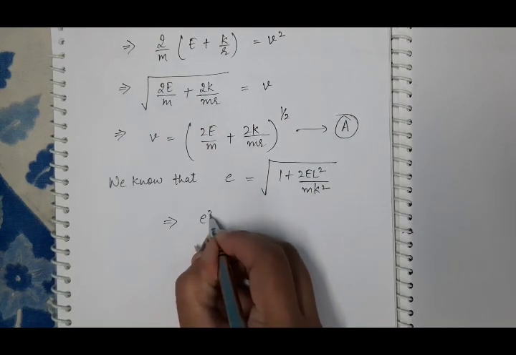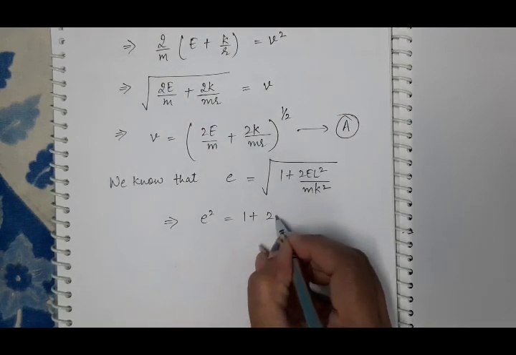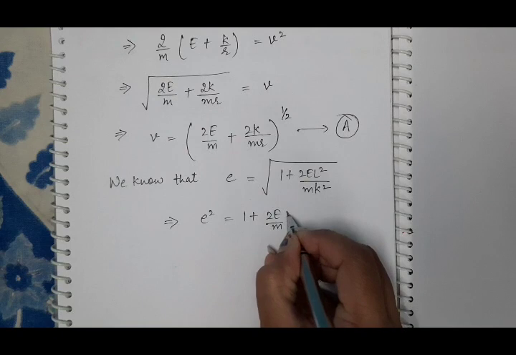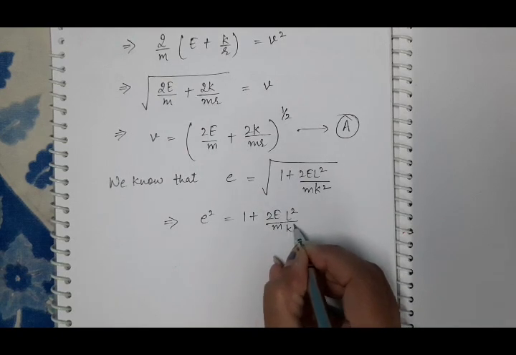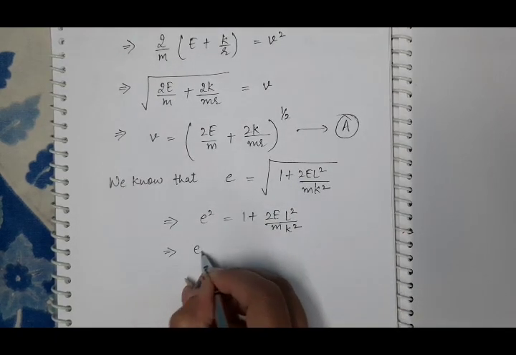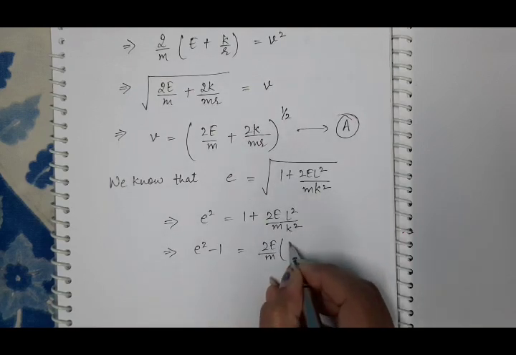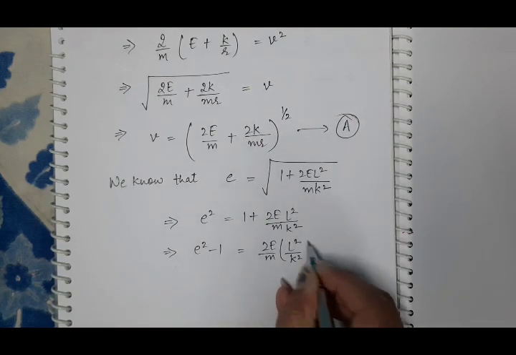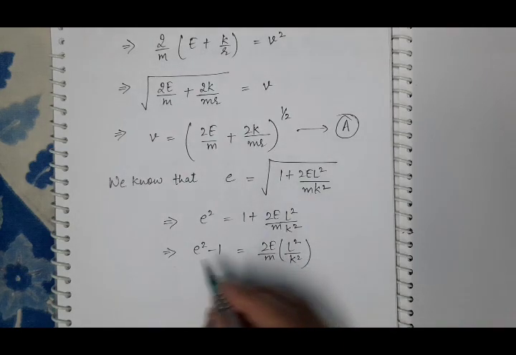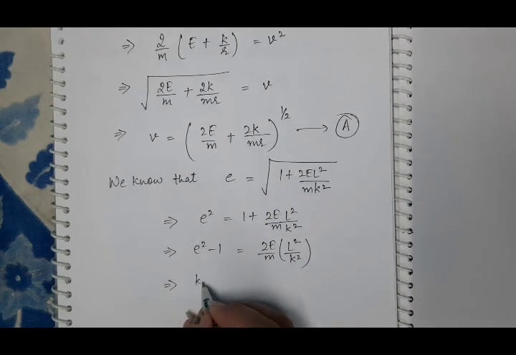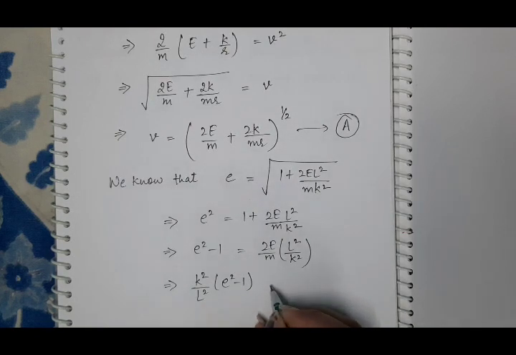So it will be e square is equal to 1 plus 2E by m into L square by k square. E square minus 1 is equal to 2E by m into L square by k square. Now move this L square by k square to this side and you will get k square by L square into E square minus 1 equal to 2E by m.